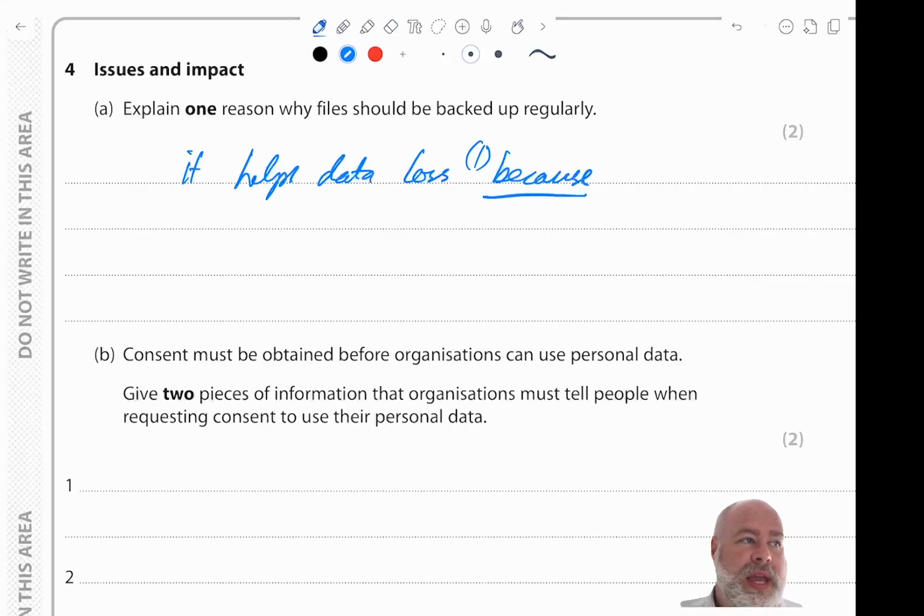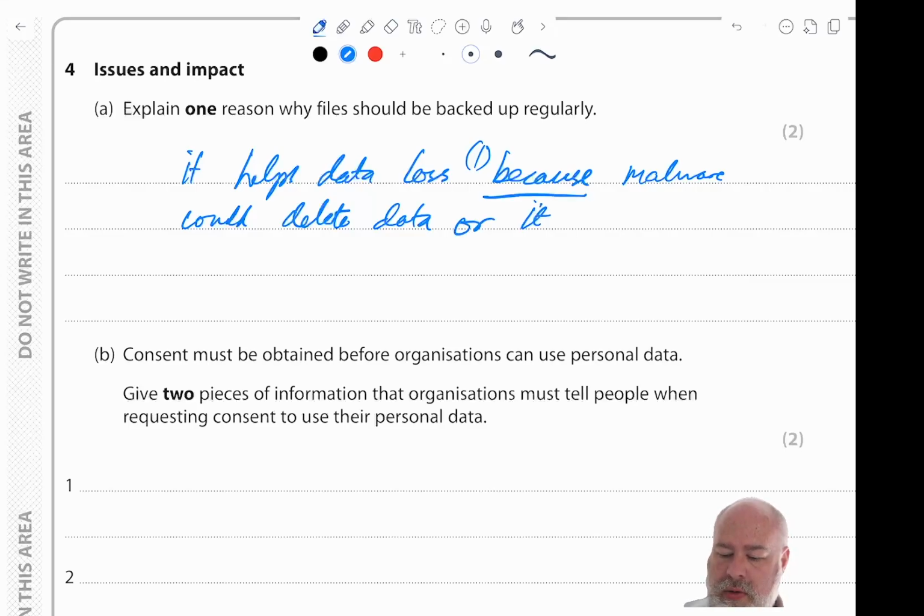Let's say malware, malicious software, could delete data, or data could be accidentally removed.